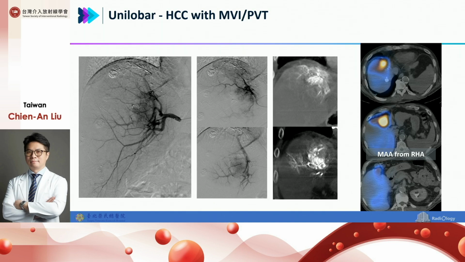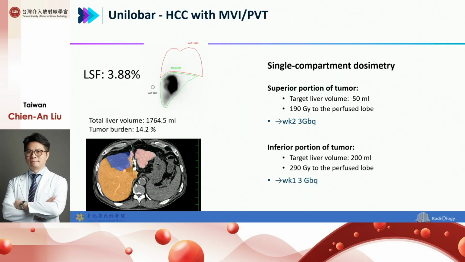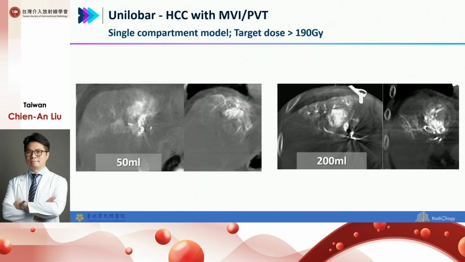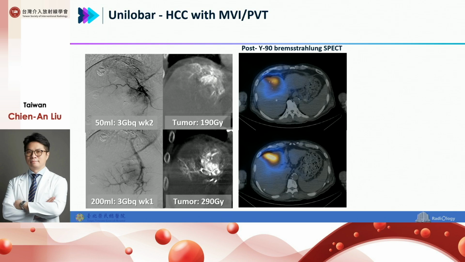So if the left lobe volume is enough, we don't need to worry about that too much. Based on the MAA, we do the calculation. We use separate doses to the different feeding arteries: week 2, 3 GBq and week 1 GBq to the different parts.